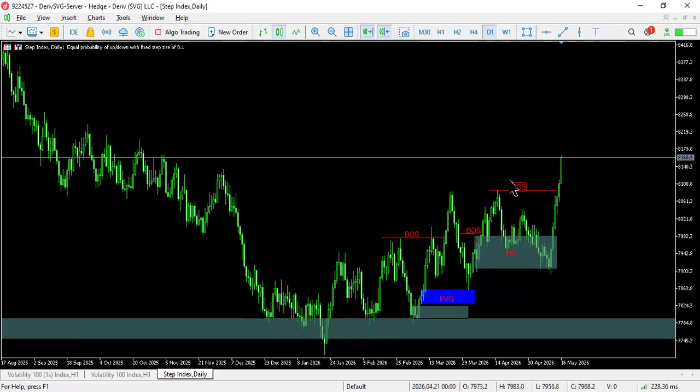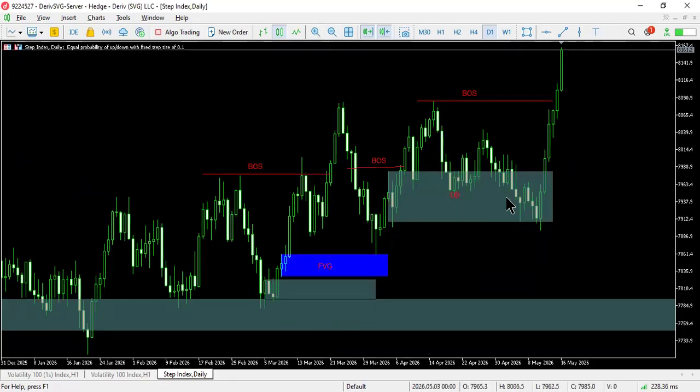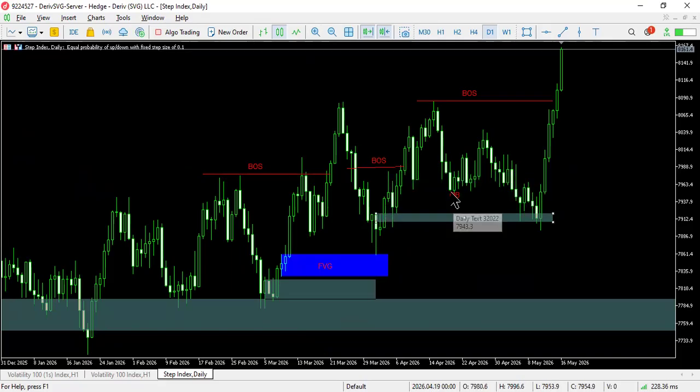So we have a new break of structure, and then the order block which caused the break of structure. So I'm seeing that as a general break of structure, and then we also have this internal break of structure right there.